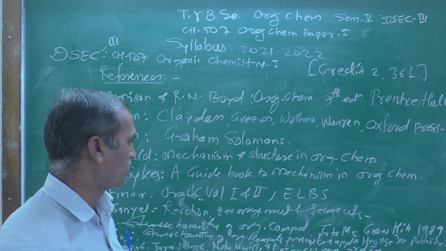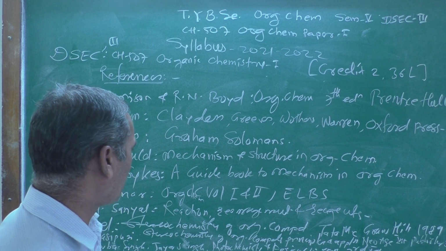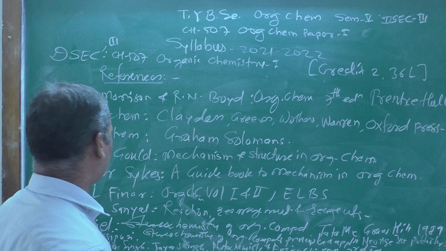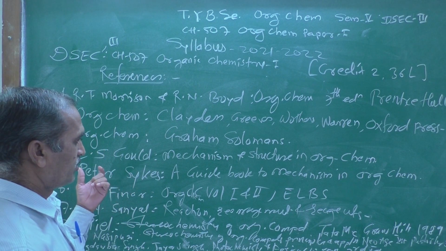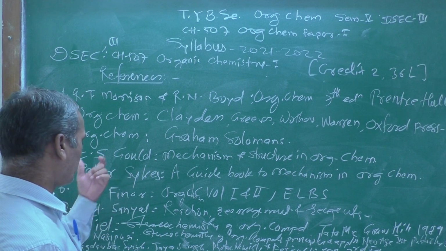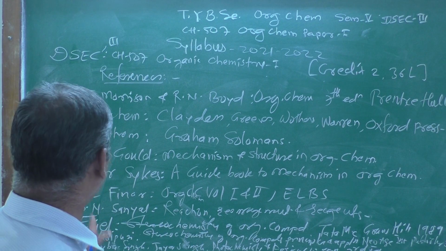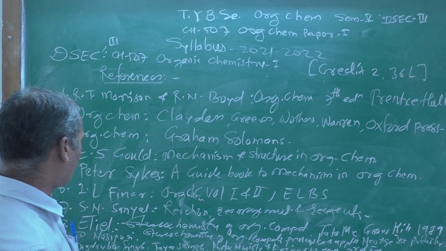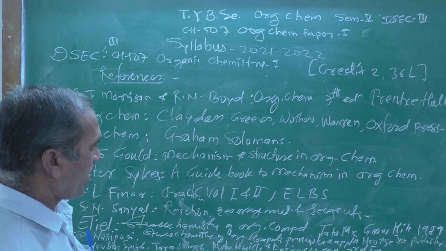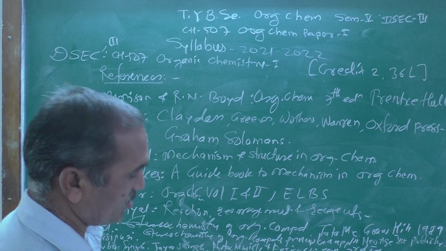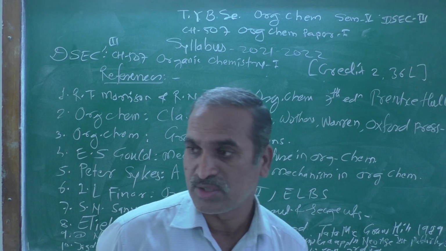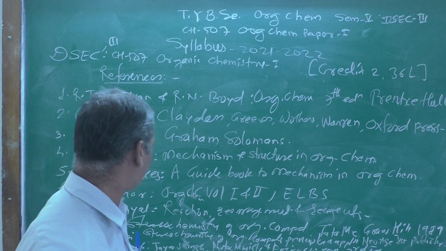It is also one of the very good books where you can get more information about the content mentioned here. Then S.N. Sanyal, Reactions, Rearrangements and Reagents. That is also a good book, so you can refer to it.